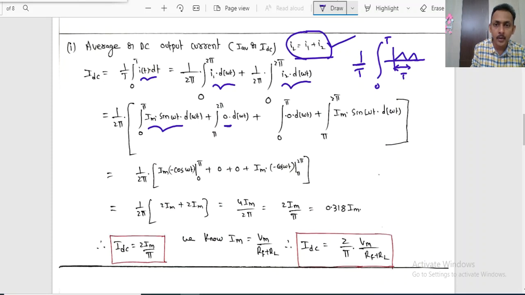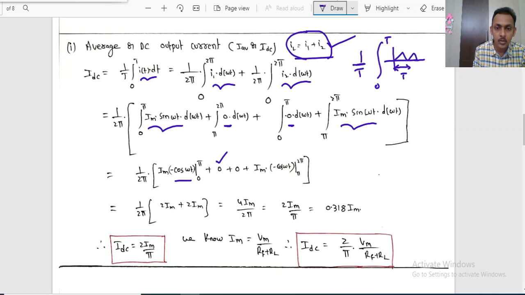Coming to I2 of t, from 0 to pi its magnitude is 0 and from pi to 2 pi it is Im sin omega t. Im is constant, so we can take it outside. The integral of 0 is 0.